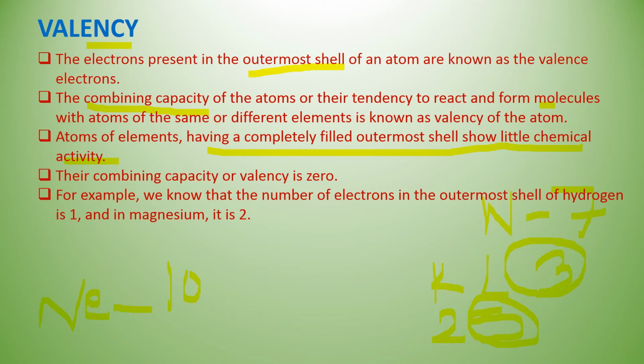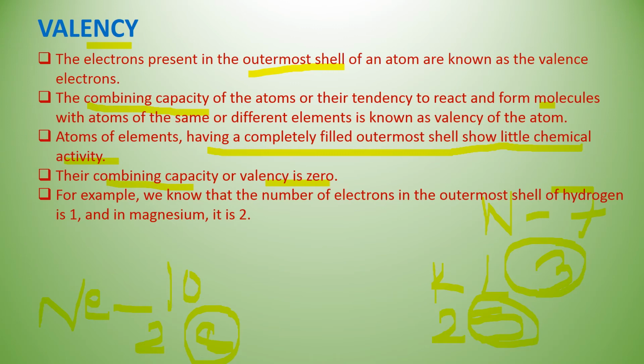So if you fill the electronic configuration, 2, 8. So 8 plus 2, 10. That means the outermost shell is completely filled, stable. So it doesn't need to react with any other element. So that is why the combining capacity or valency is 0. Okay. So these are the inert gases, noble gases, which have the completely filled outermost shell.